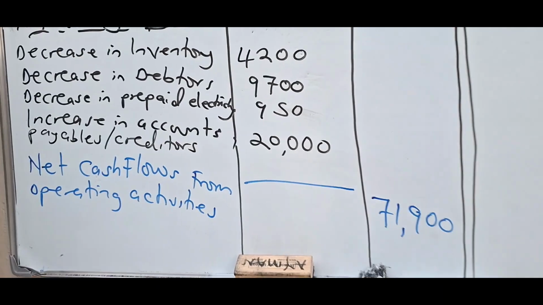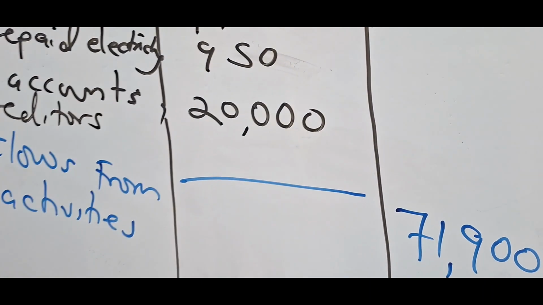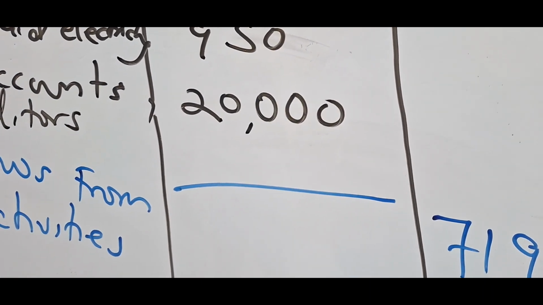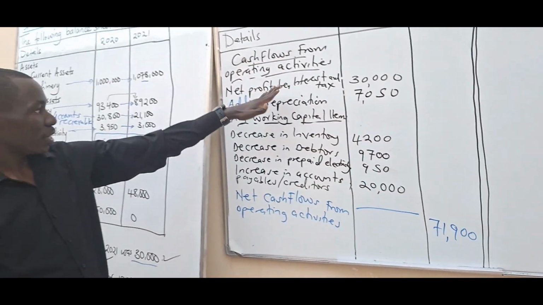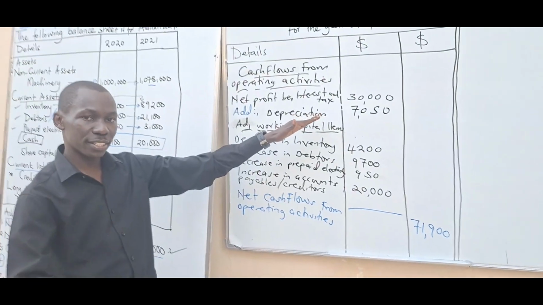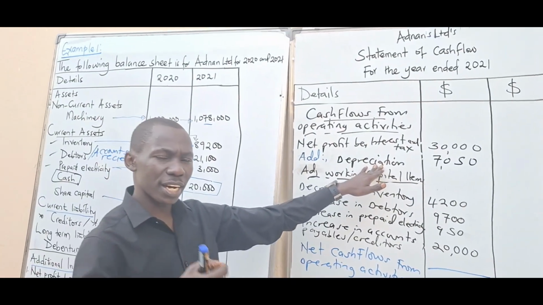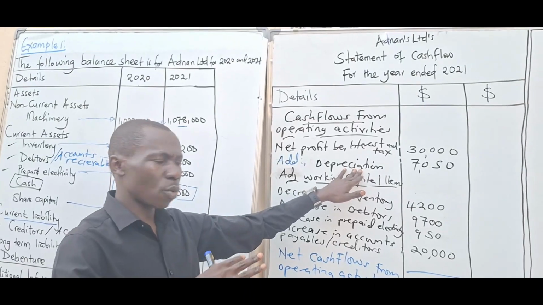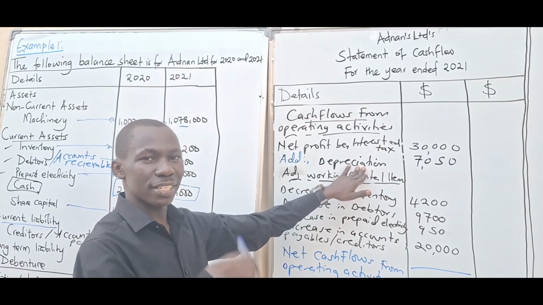Yes, don't forget, we are using what we call the indirect method. The indirect method starts with net profit before interest and tax. We adjust that by considering the non-cash items, either by adding what was subtracted in the income statement or by subtracting what was added in the income statement.